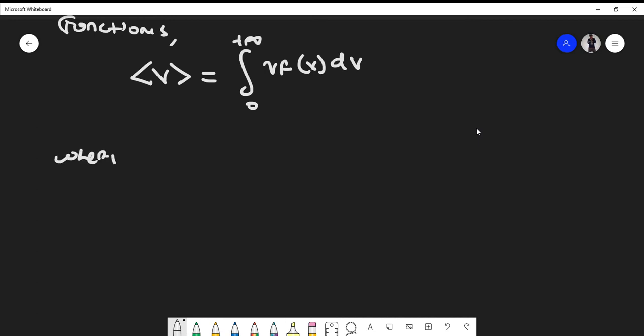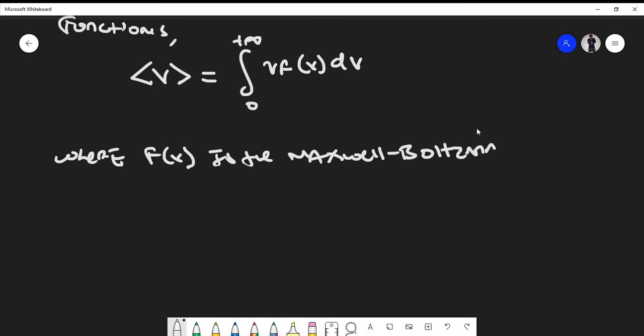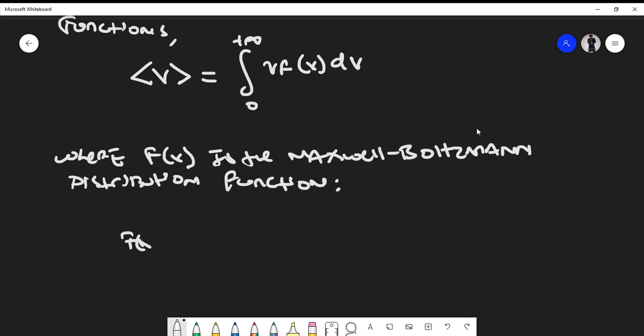So we did say in this integral that f of V is the Maxwell-Boltzmann distribution function. And this is the function.